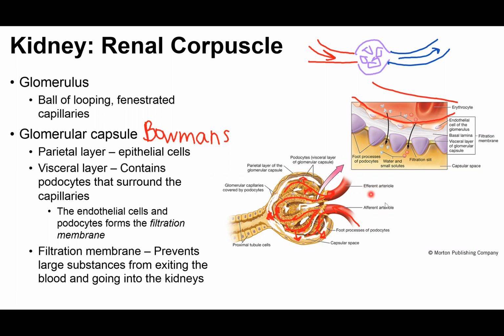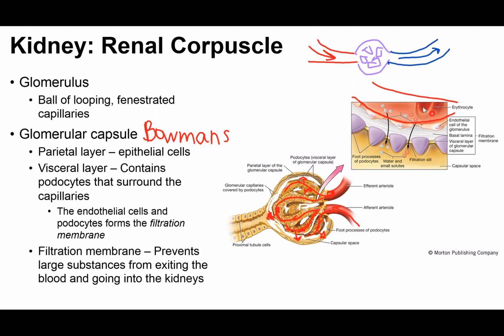So things that we want to keep in, things like red blood cells. We probably don't want to lose those into the capsular space, because remember, if something goes into the capsular space, that means that it's going to go through the nephron and be destined to be urine and then be peed out, essentially. So we want to keep a lot of stuff in, because if we filter it out, then we're going to lose that stuff in urine.